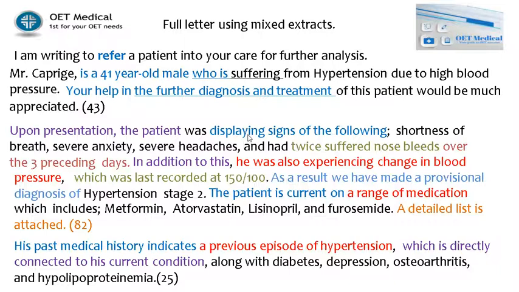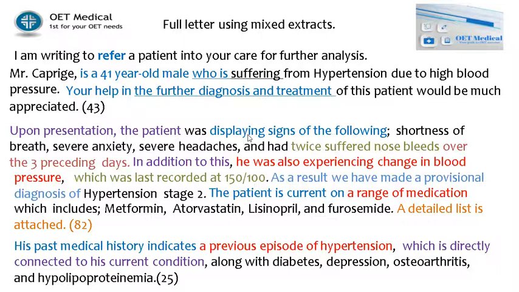As a result, we have made a provisional diagnosis of hypertension stage 2. The patient is currently on a range of medication which includes metformin, atorvastatin, linezolid, and furosemide. A detailed list is attached. So we've said the presentation of the patient, what we've noted, what we've diagnosed, and the medication.